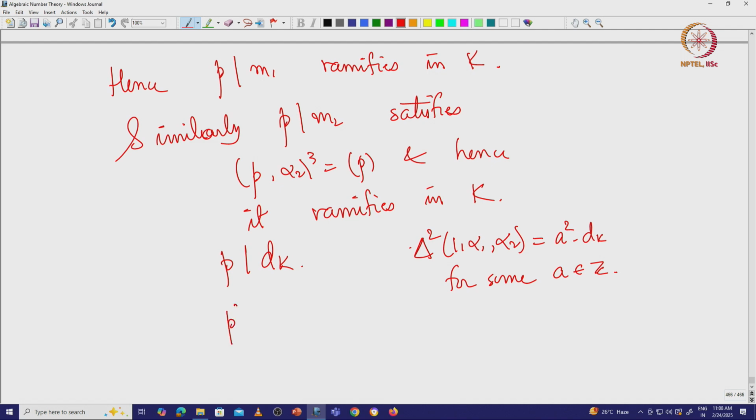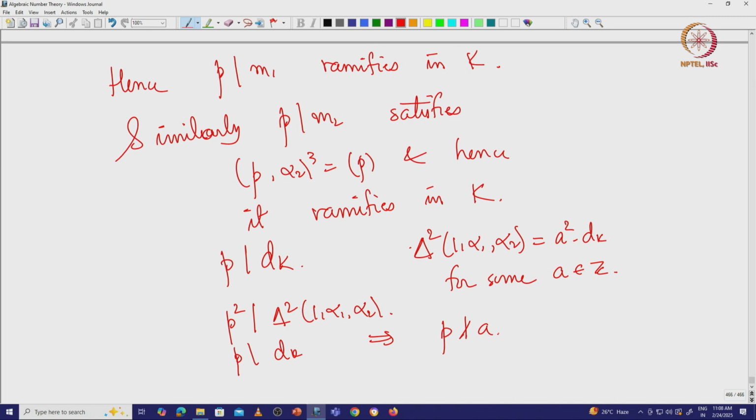Now, p square divides delta square and p divides dk. So, this implies that p does not divide a.